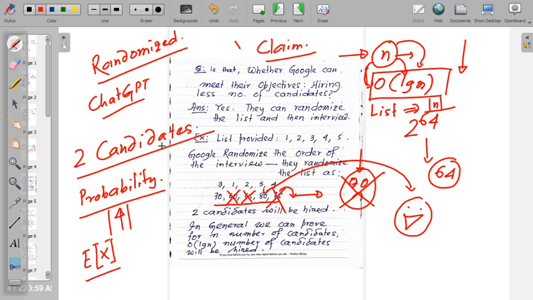I'm not absolutely sure. Anyway, we'll cover this from the very basics up to the expectation of X, then we'll come back to this analysis process and the hiring assistant problem.